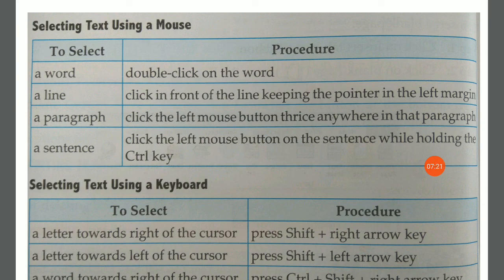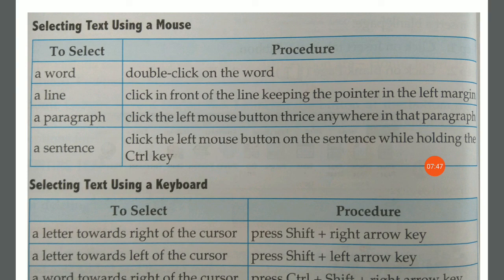When you perform this action, triple click, the whole paragraph will be selected. If you want to select a sentence, click the left mouse button on the sentence while holding the control key. You need to press control key on keyboard and just click on the particular line. That sentence will be selected.